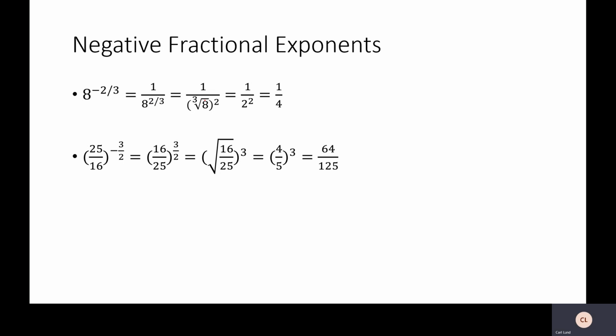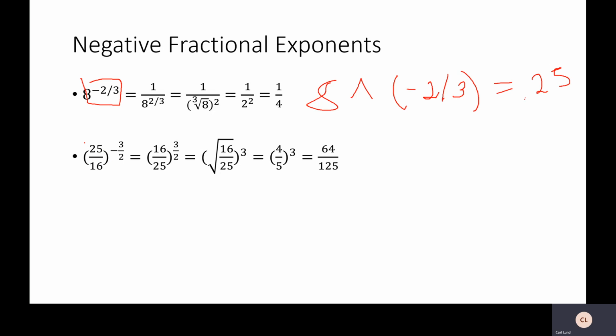One way to do this is the cube root of 8, and then we square the result. We get 1/4. Again, we could also do this on the calculator by plugging in 8, exponent key, -2 divided by 3, and we get 0.25, which is, of course, 1/4.